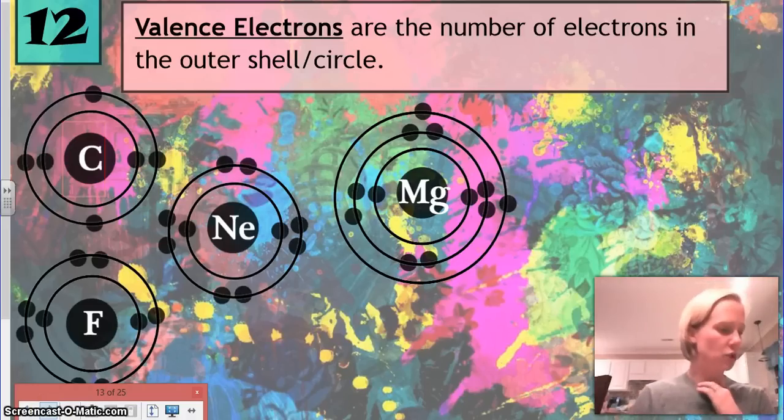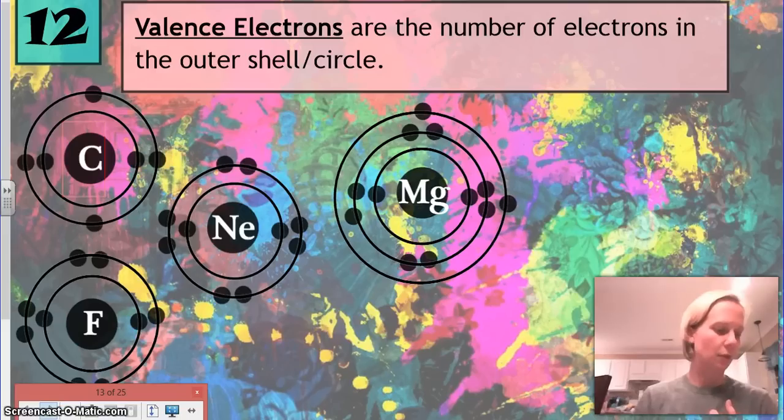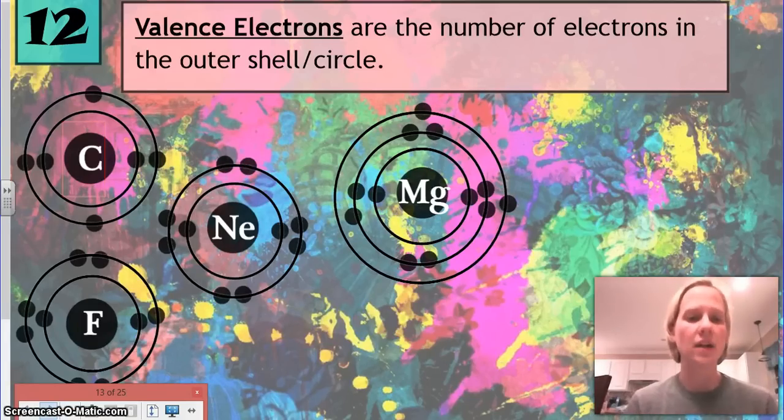All right. Number 12 wanted to know what valence electrons were, and then using the information, creating Bohr diagrams. So the valence electrons are the number of electrons in the outer shell or circle. And we can determine that by looking at the group numbers. So remember, when we numbered them in class, we went group 1, group 2, we skipped all of the transitions, and we started at 13.